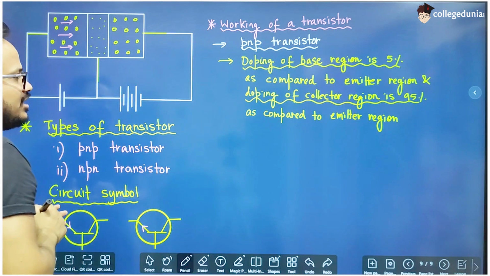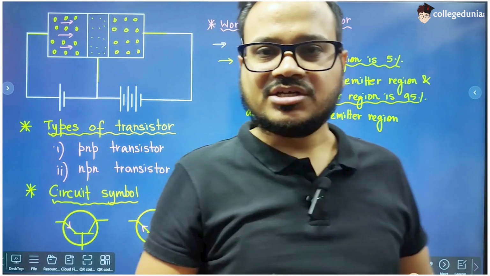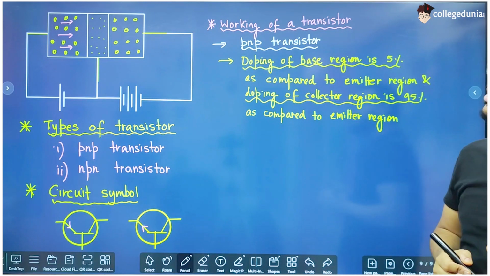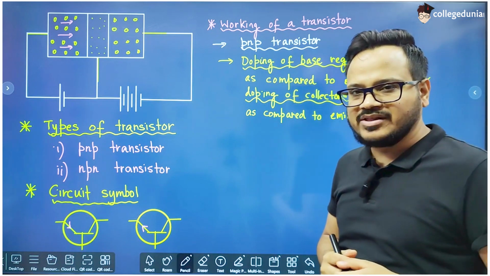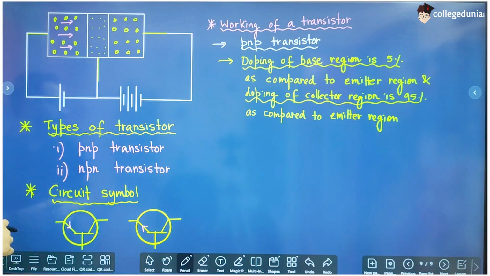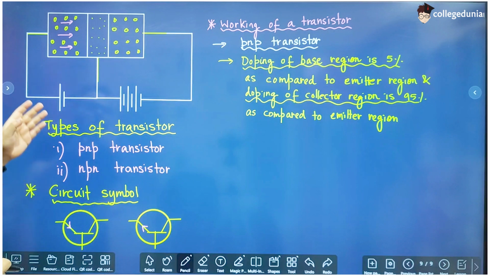But since the doping of the base region is very small, when the 100 holes reach the base region, all the holes are not going to pair with the electrons present in the base region. Only 5 out of these 100 holes are going to combine with 5 electrons of the base region, and 95 holes will move towards the collector region.